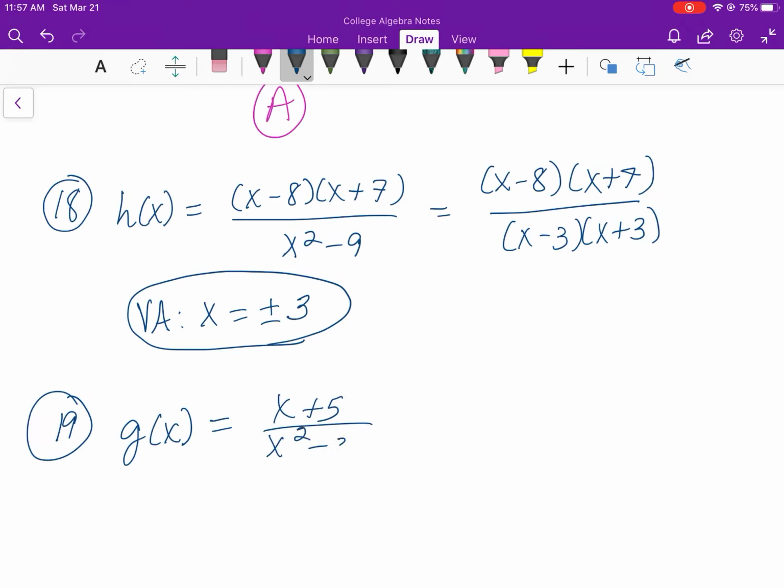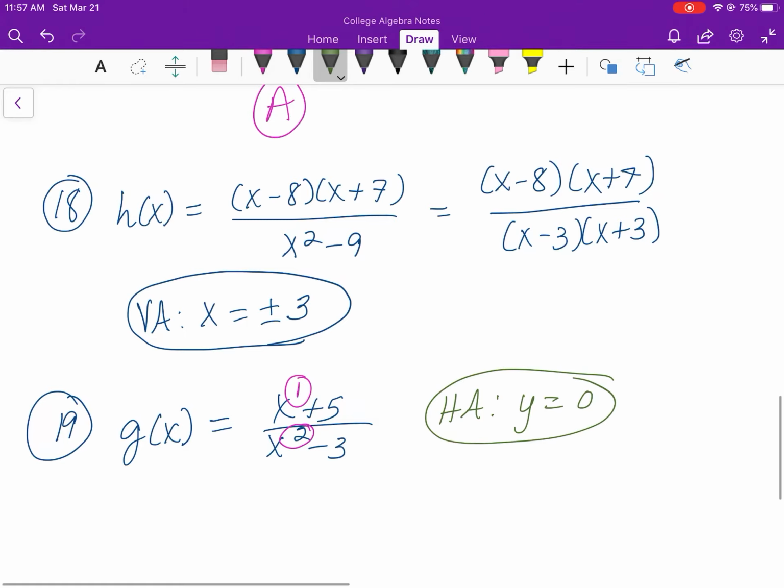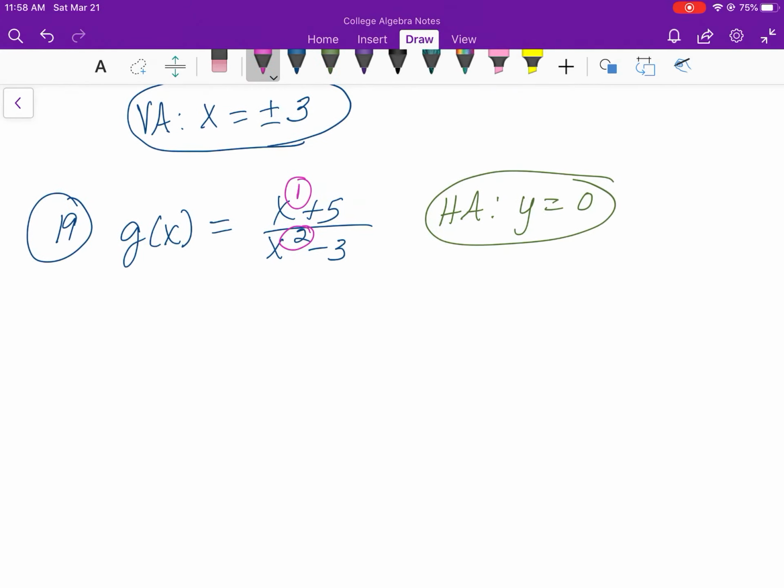All right. When we're looking at horizontal asymptotes, we're going to start by looking at degrees. The degree of the numerator is 1. The degree of the denominator is 2. The numerator's degree is less than the denominator's degree, so my horizontal asymptote will be y equals 0. Number 20.